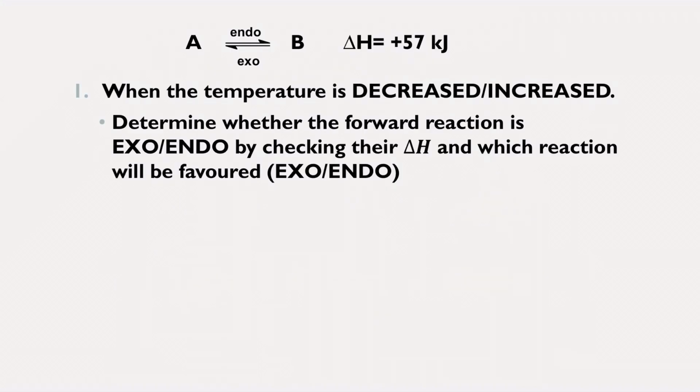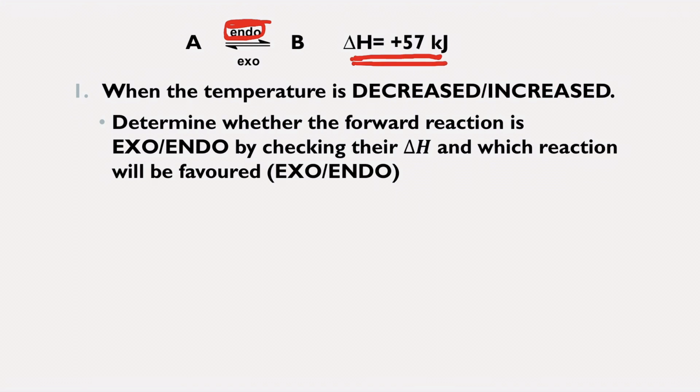Let's see generally. How does temperature change affect your equilibrium position and your K? Right here, you have an endothermic reaction for your forward reaction. From A, when you form B, you will absorb heat.